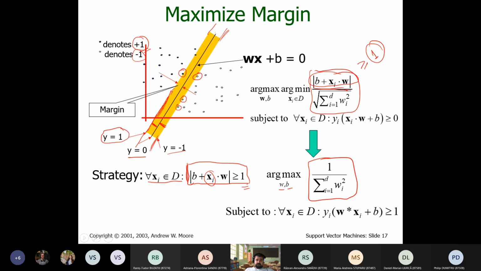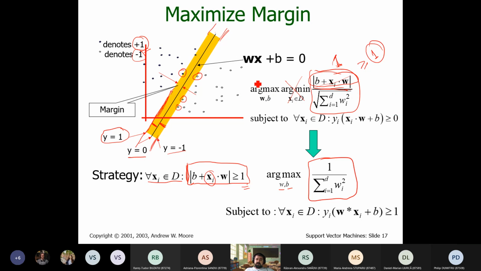And since the minimum of the distance is 1 for the support vectors, it means that this is replaced by 1. This doesn't depend on the dataset anymore, because we know that the value of 1 is obtained when we deal with the support vectors.